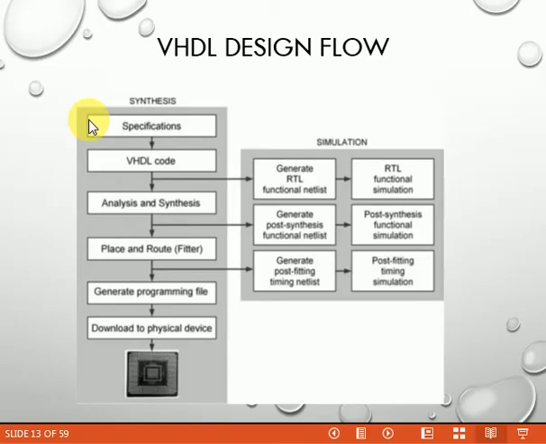Okay, so whatever the specifications are, you have to fulfill them with the VHDL code, and then this code is compiled using a synthesis tool. Several files are generated during this compilation process, such as the RTL code and the functional netlist.